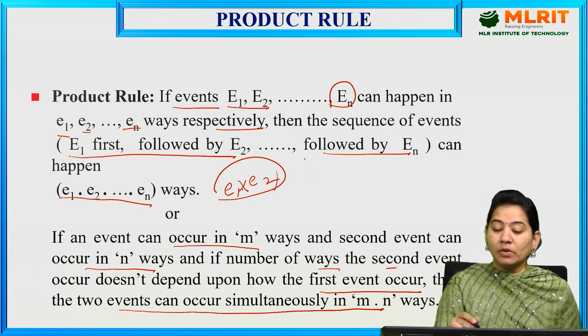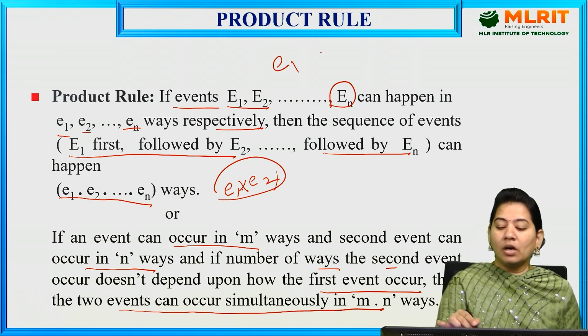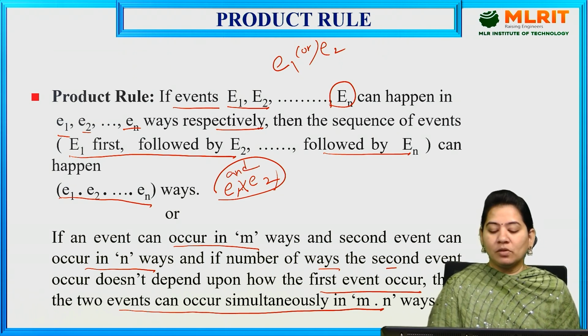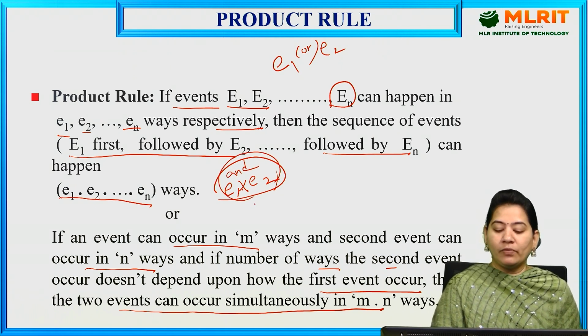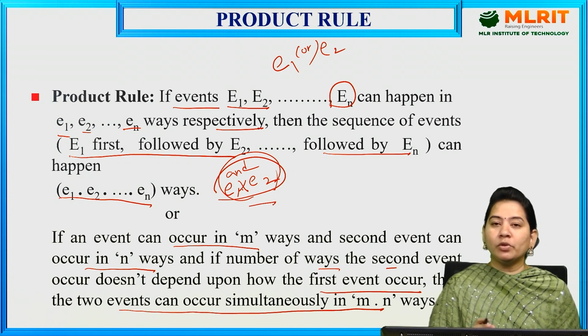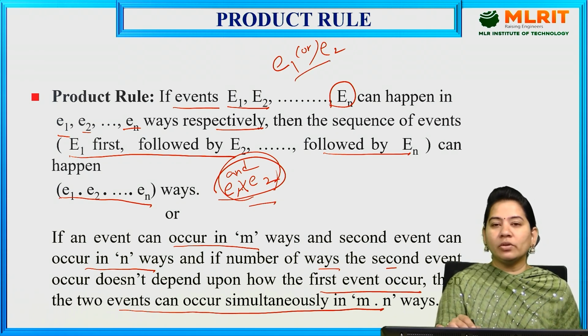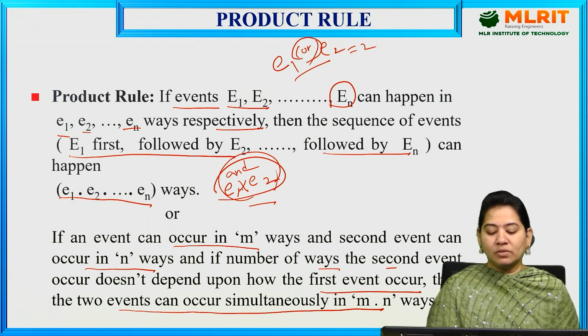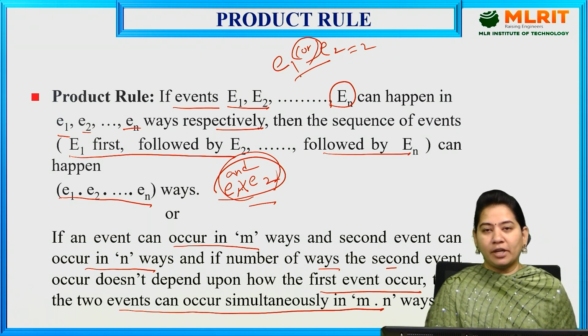But in the sum rule, either E1 or E2 is going to occur. Here, E1 and E2 both are going to occur, so definitely you have to multiply, because both are involved. In the sum rule only one is involved; the chances are two, but only one is going to occur. This is the difference between the sum rule and the product rule.